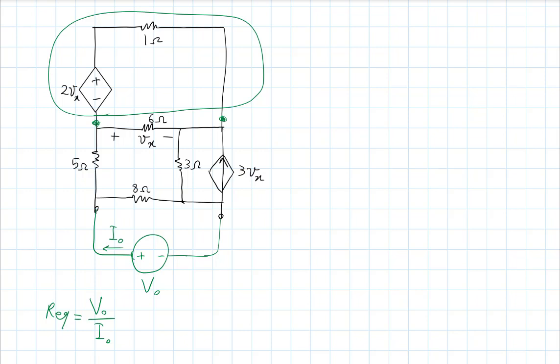So now if I want to replace this with a Thevenin equivalent, the resistor stays the same, but now I have a current source in parallel with a resistor. It's the same resistor, 1 ohm. And the value of the current source, remember the relationship between Thevenin and Norton.